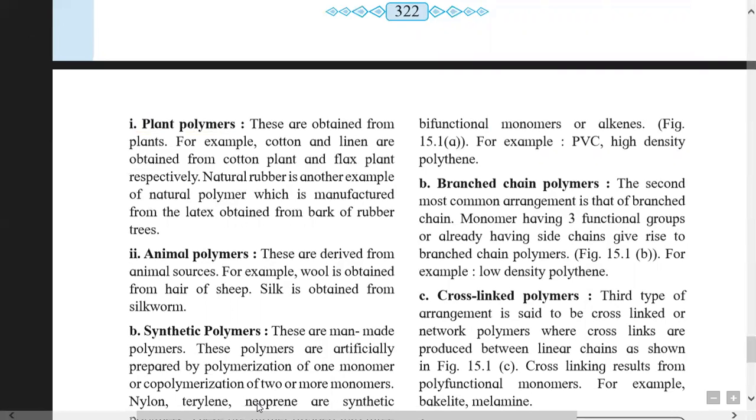For example, cotton, linen, and jute. This cotton is obtained from cotton plant and linen is obtained from flax plant. Natural rubber is another example of natural polymer, which is manufactured from latex obtained from the bark of rubber trees.